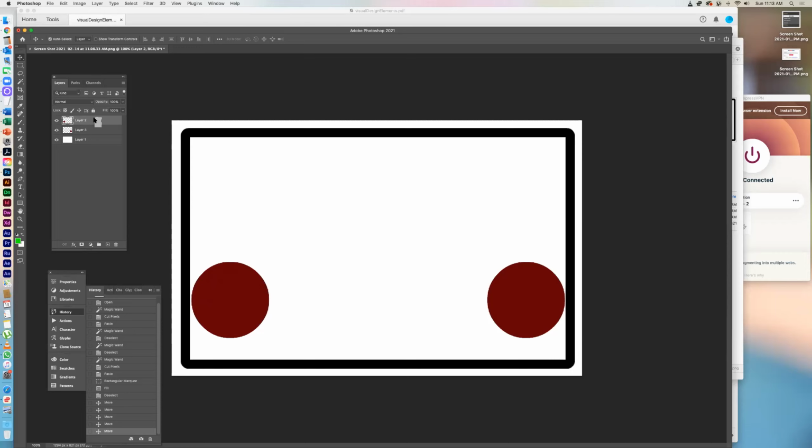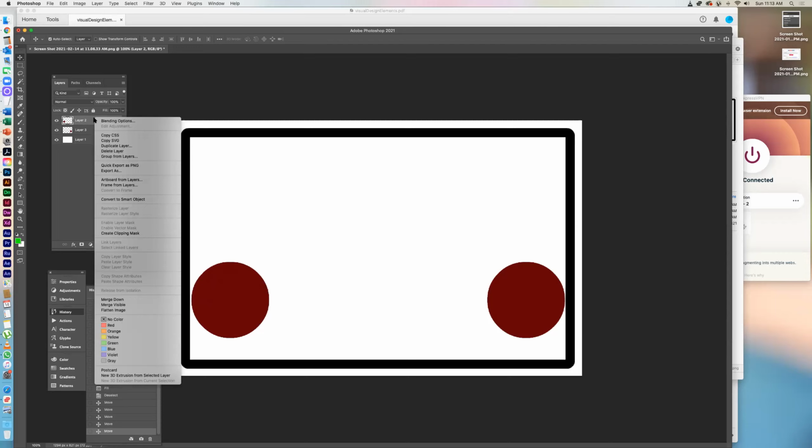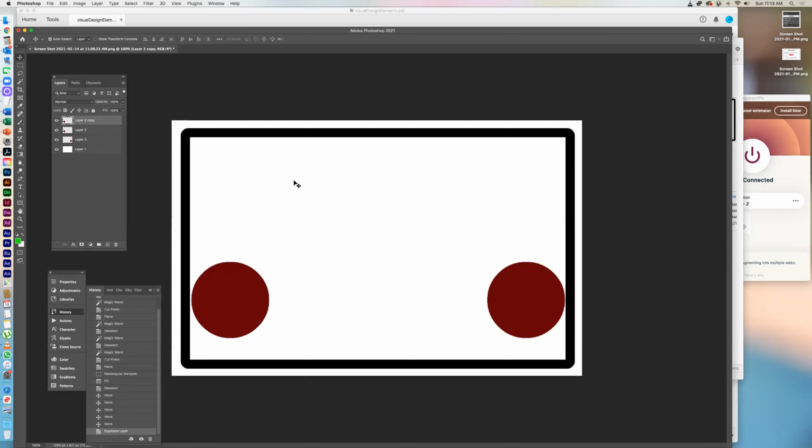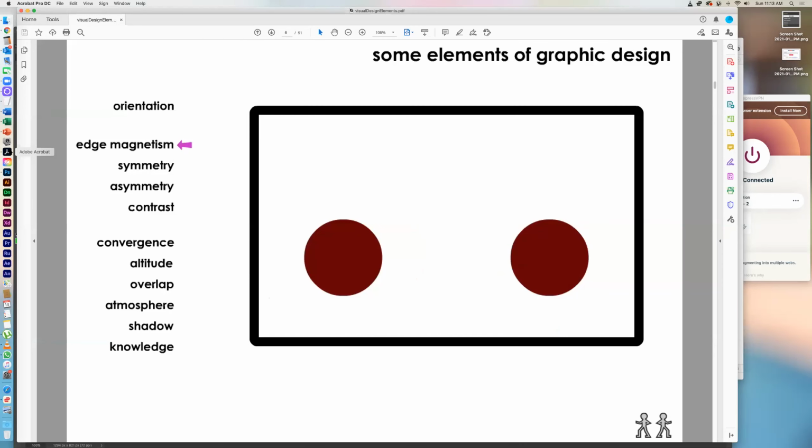So I'm even going to do something else here so we can use it again. Okay, I'm going to duplicate the layer. Okay, so now I have 3 balls I can mess with, and that's the top one. So that's just looking at that part. So let's go back over. So that's the notion of edge magnetism.